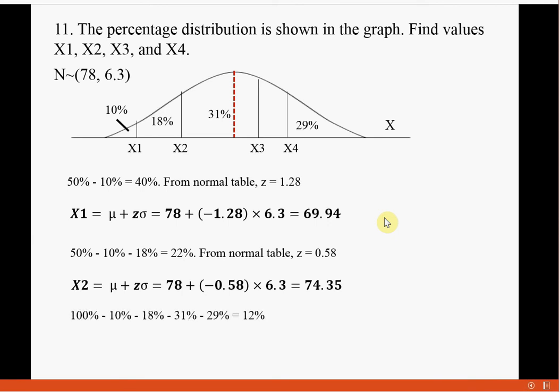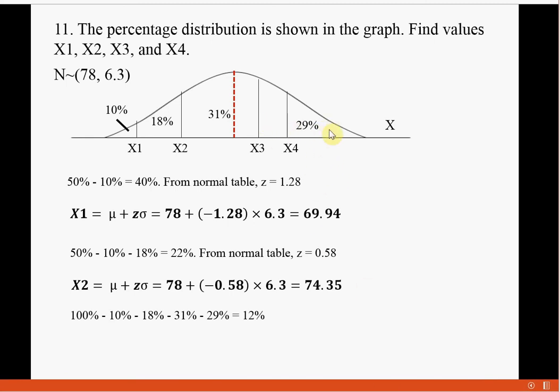100% minus 29% minus 31% minus 18% minus 10%. So this slice is 12%. So 29%, 12%.